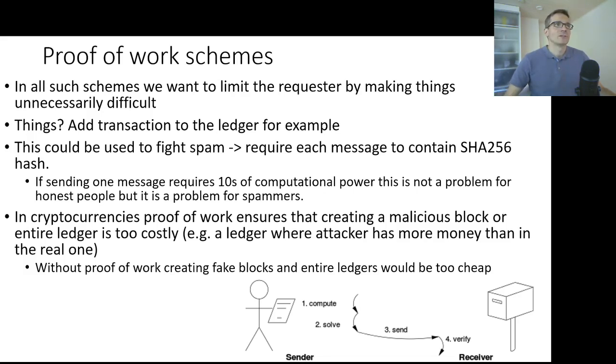In cryptocurrencies, proof of work ensures that creating a malicious block or entire ledger is too costly. For example, a ledger where the attacker has more money than the real one. Without proof of work, creating fake blocks or entire ledgers would be too cheap.